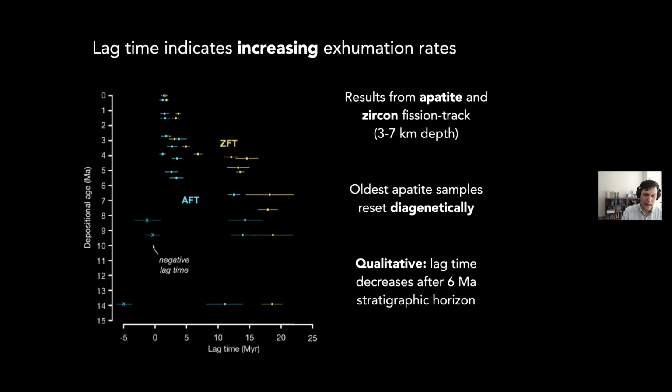And this is something that can happen when these minerals have been reheated diagenetically in a basin. So they're accumulating radiation damage, but they're also being reheated as they're buried deeper and deeper into the basin.